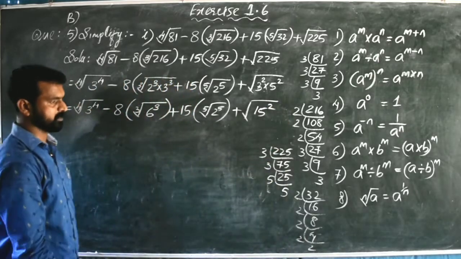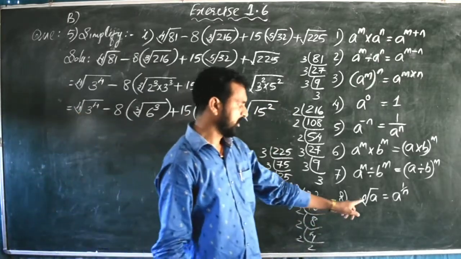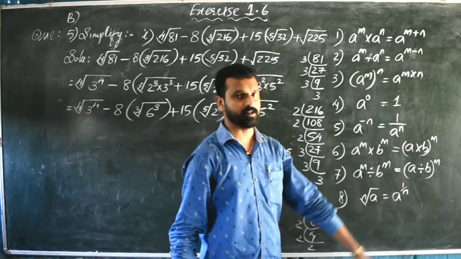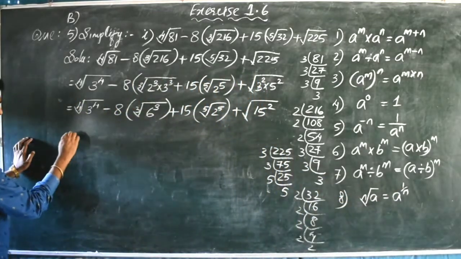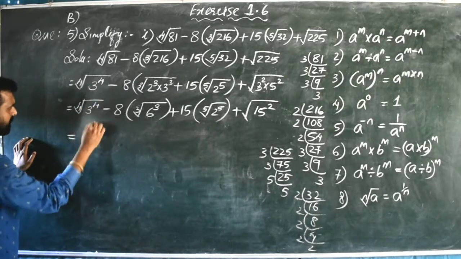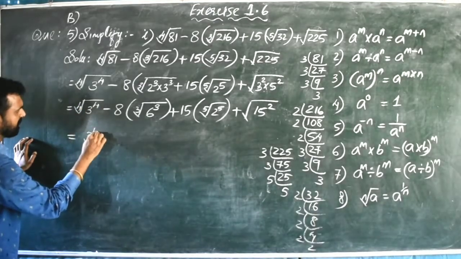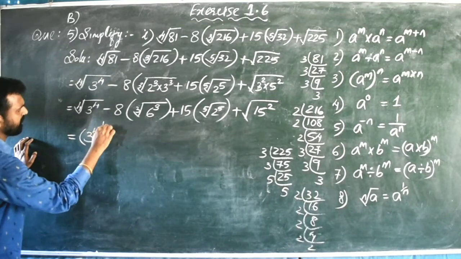Now we are going to use this last formula. Nth root of a is equal to a raised to 1 by n. That is here fourth root of 3 raised to 4. That we can write 3 raised to 4 the whole raised to 1 by 4.